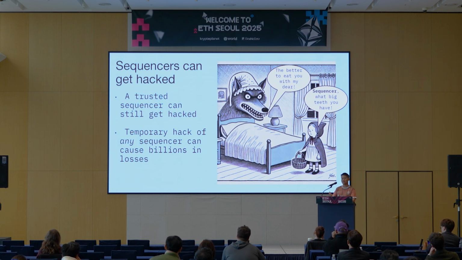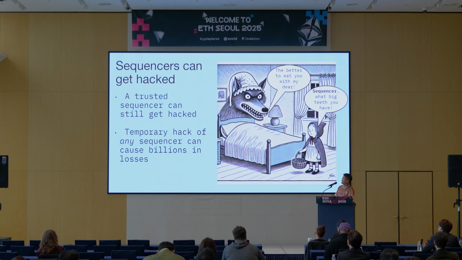Even if you trust Arbitrum One, because it's run by the foundation, it's run by the DAO, it's got a very talented team, even if you trust the sequencer to be honest, it can still get hacked. And when there are thousands of rollups these days, you may not necessarily trust a very small rollup that's maybe run out of someone's garage. So even if they don't get hacked, you might not want to trust them.